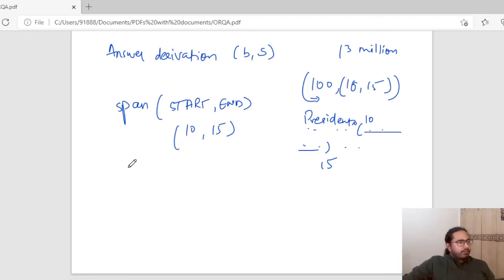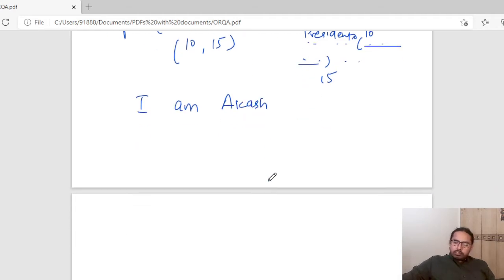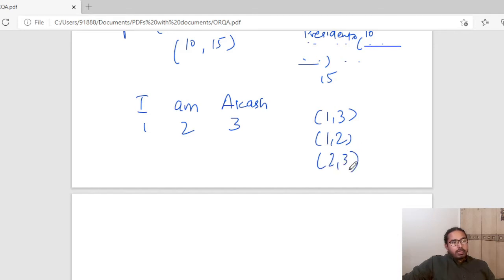Let's say we have a sentence, "I am Akash". There are a total of 3 tokens here: 1, 2 and 3. A span would represent, if the answer string was from token 1 to 3, or from 1 to 2, or 2 to 3, and for single word answers, it could be 1,1, 2,2 and 3,3.